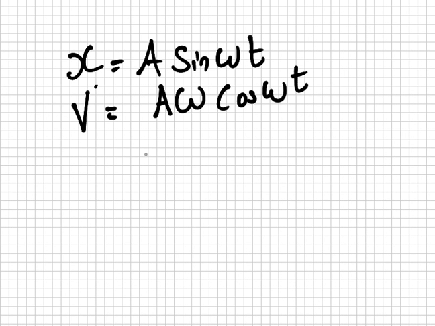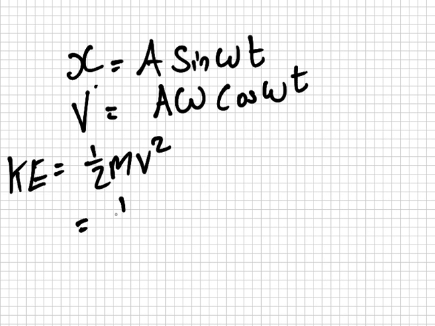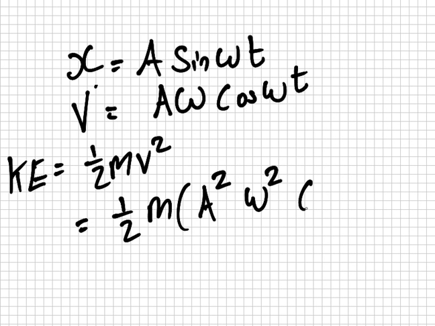You remember that from yesterday, don't you? Well, we start with sine, the next one, they always alternate, so it must go sine, cos, sine. What's the formula for kinetic energy? A half mv squared. So, in this case, it'd be a half m A squared omega squared cos squared omega t.